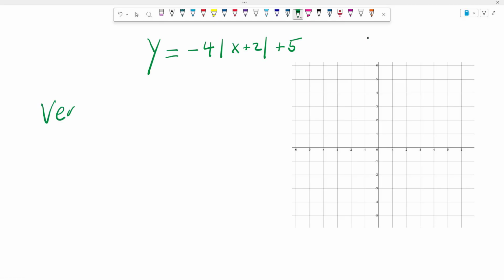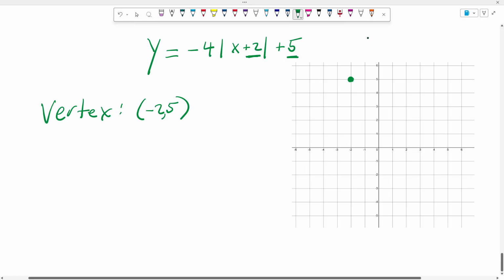Where's the new vertex going to be? The opposite of that, comma that. -2, 5. Oops. And then the slopes are going to be 4 and -4. It's going to be an upside down V or a regular V? Upside down because of this negative.